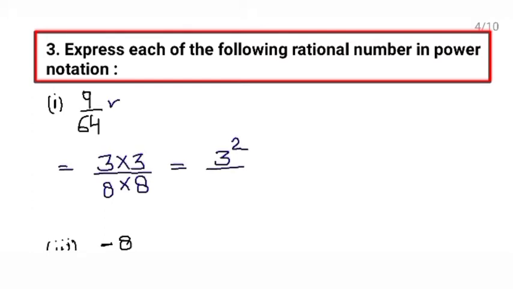And denominator is also occurring 2 times, so 8 raised to the power 2. As I said, if the power is same and bases are different, here bases are 3 and 8. Bases are different but the power is same, so you can write it as 3 upon 8. Write the power once. Because numerator की power भी 2 है, denominator की power भी 2 है. So we have written it 3 upon 8 raised to the power 2.